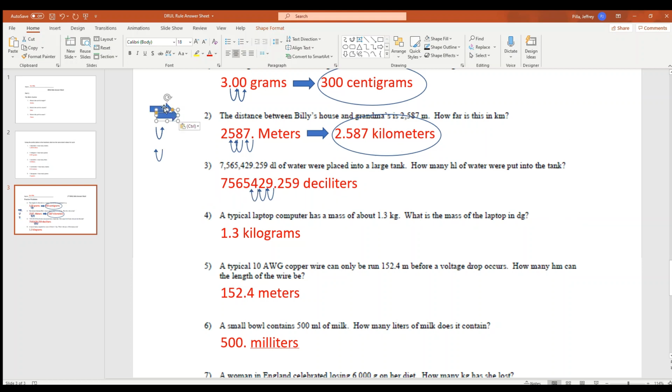All right, and now that we've moved our decimal over 3 times, we get a final answer of, let's see, looks like 7,000, or you know what, I'm going to add the comma later, because like I said, those commas can be confusing. 0.429259. Okay, and it looks like we can add a comma right here. So our final answer is 7,565.429259 hectoliters. Okay, and let's not forget our circle.